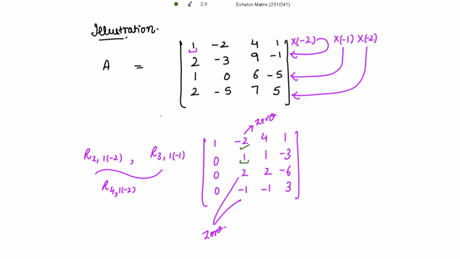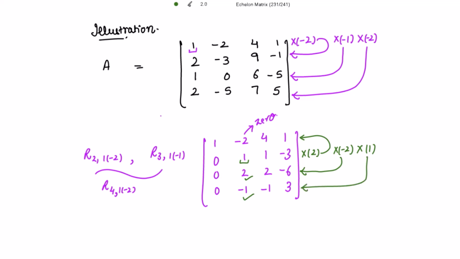To get 0 in place of negative 2, we multiply row 2 with 2 and add its elements to row 1. To get 0 in place of 2, we multiply row 2 with negative 2 and add its elements to the third row. To get 0 in place of negative 1, multiply row 2 with 1 and add its elements to the last row.